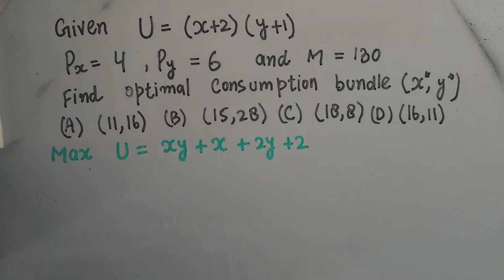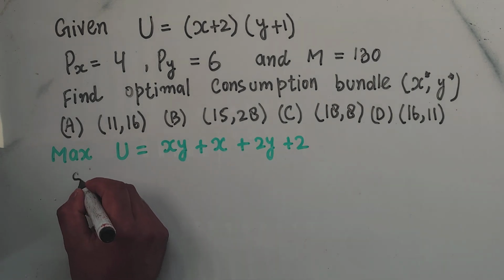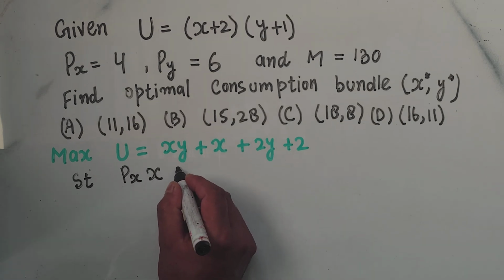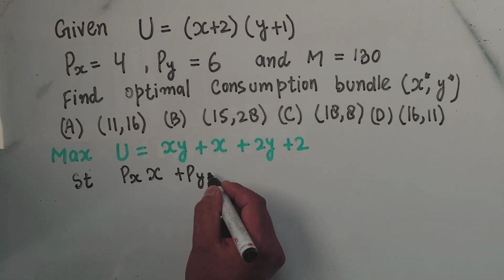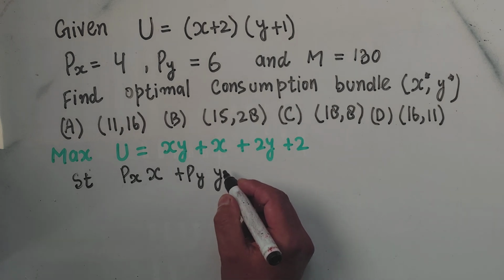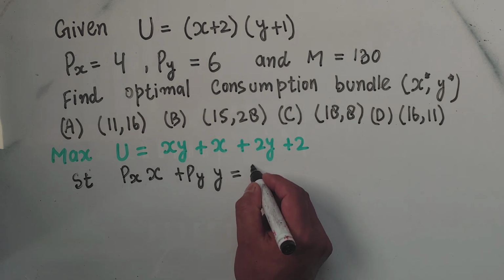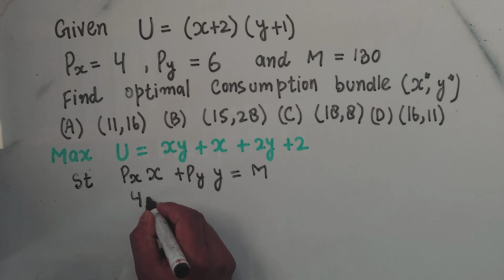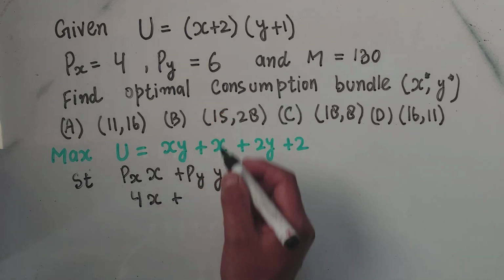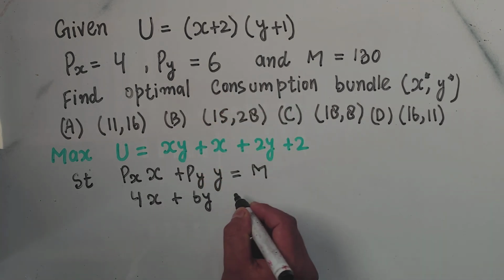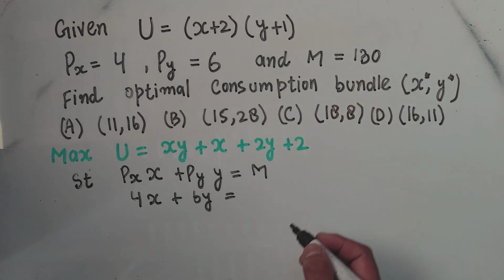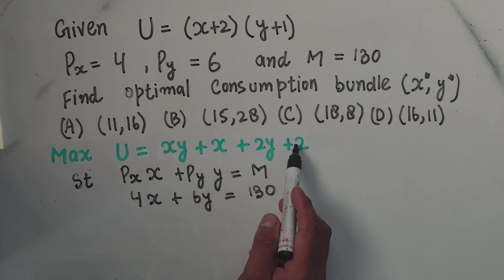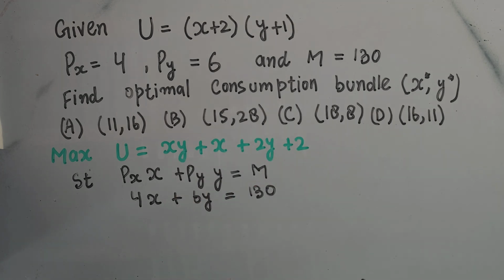Consumer wants to maximize this utility subject to the budget constraint, that will be the price of good x times units of good x plus price of good y times units of good y should be equal to the income of the consumer. So specifically here price of good x is 4, so we have 4 times x, plus price of good y is 6, so we have 6 times y should be equal to m, which is the income of the consumer, which is 130. Okay, so consumer wants to maximize this utility subject to this budget constraint.